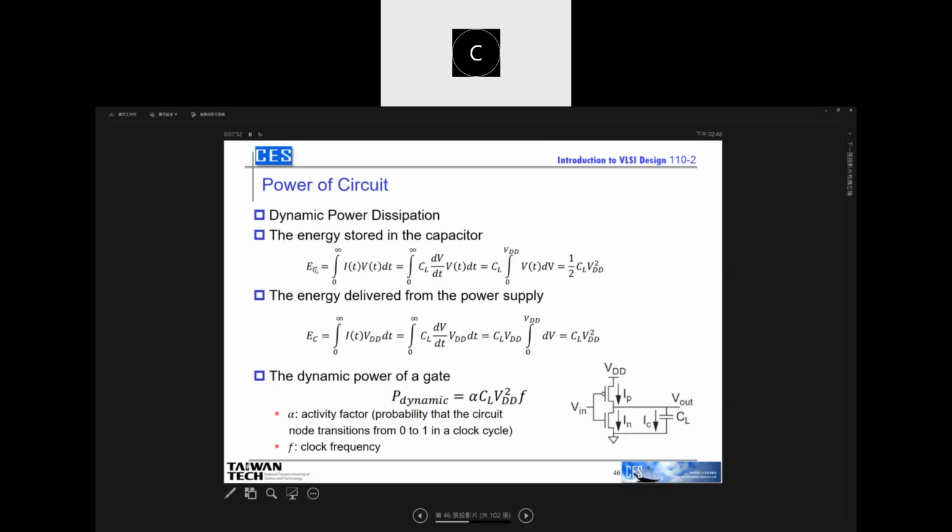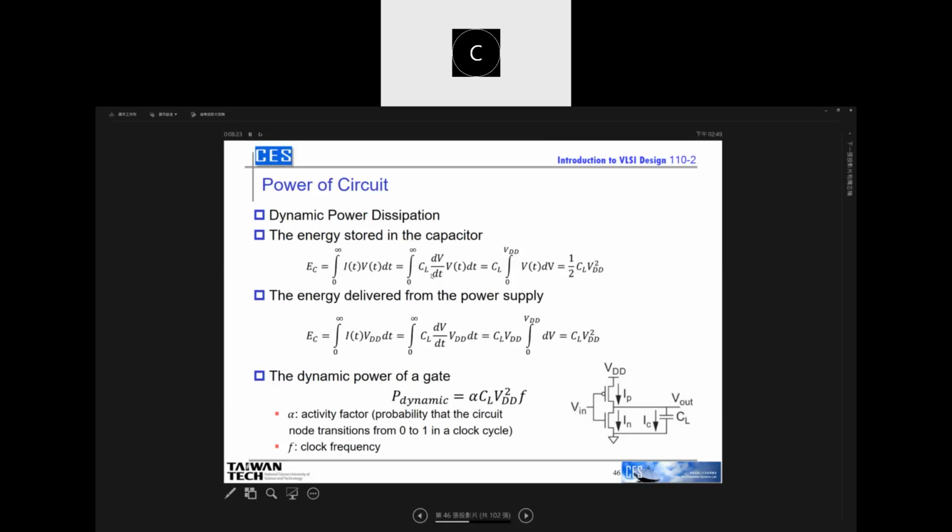EC is the energy stored in the capacitor: the integration over time from 0 to infinity of I(t) times V(t), the instant current times the instant voltage. Since I(t) is equal to the derivative of V over t times the capacitance CL, this formula can also be written as the second formula.